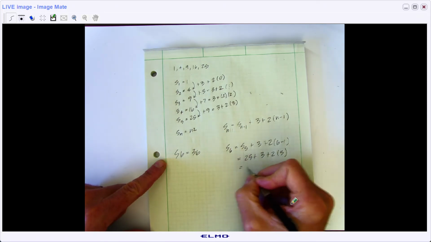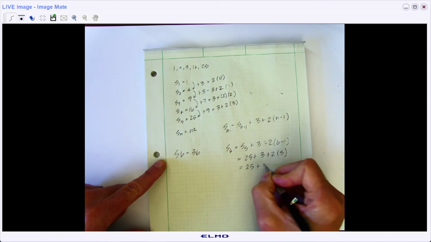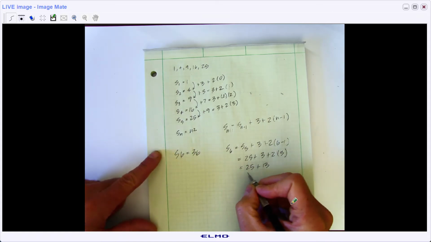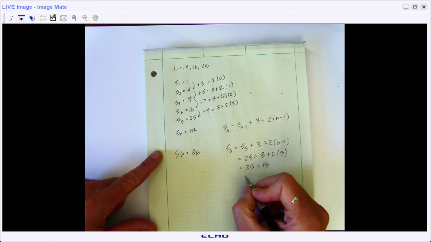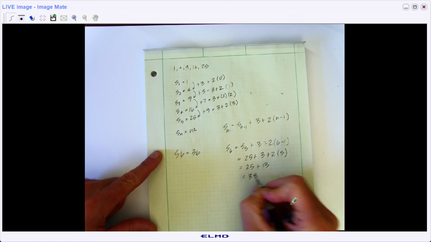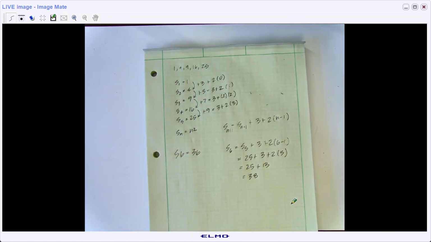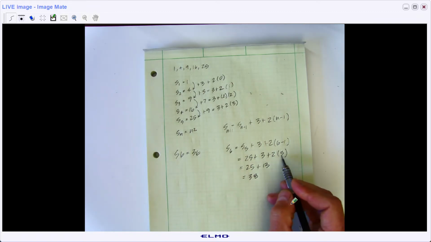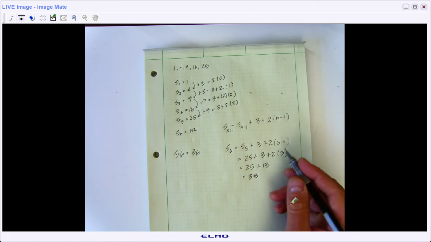So it turns out to be 25 plus 13, which is 38. Did I get something wrong? I definitely did something wrong, right? I'm too big. So in other words, I must have added 1 too many 2's here. So let's try it again and see.